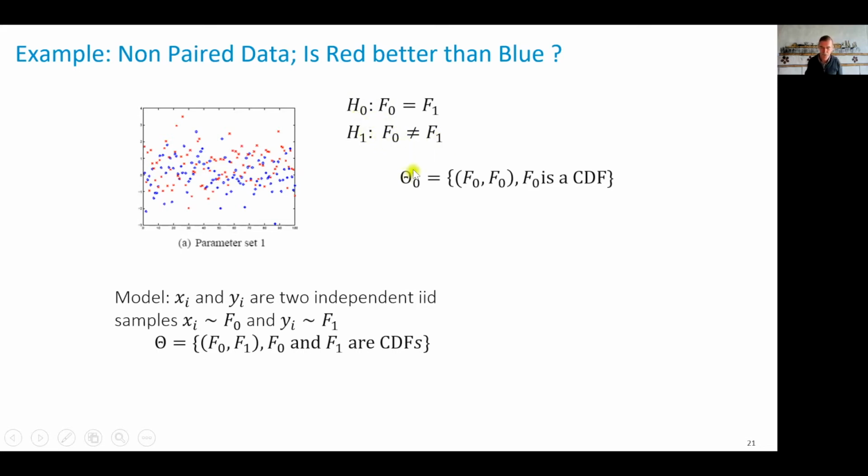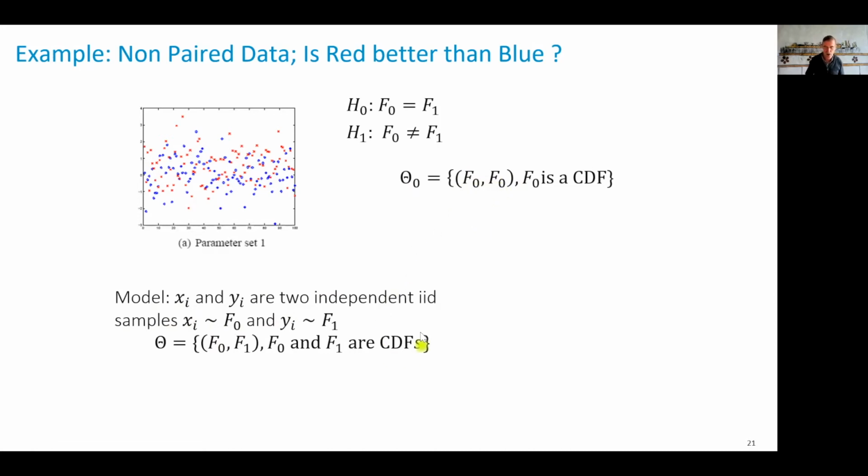Of course, that's an extremely general test, and most of the time we're not able to do tests that general. Here, that would correspond to saying the set capital theta is the set of all pairs of distributions for blue and red, and theta zero is the pairs that are equal.